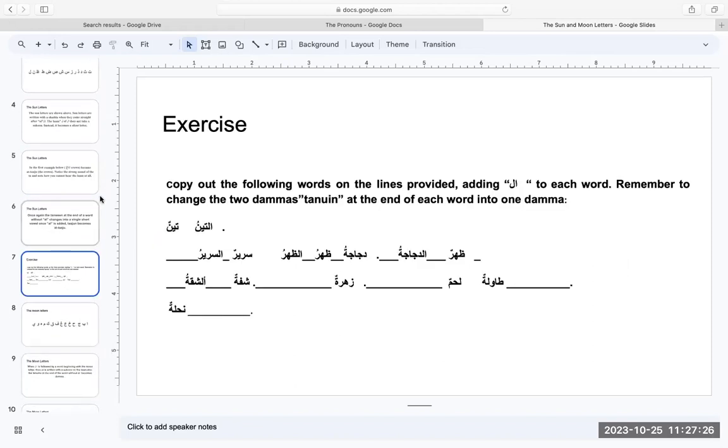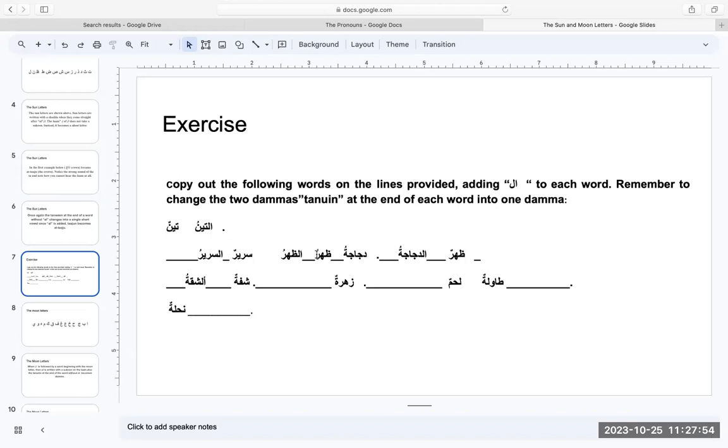As you see in this tiny exercise, you can write them down, add your alif lam, and make all the changes that you should make. For example, tinun, which means fig in English, becomes التين. سرير, السرير. ظهر, الظهر.